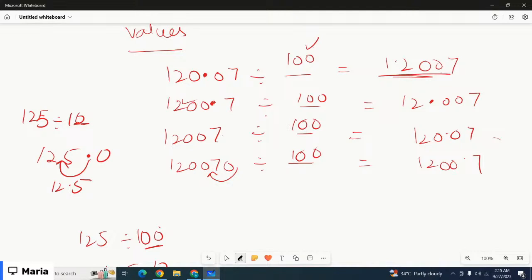That means that would be 1.2007. So in every section, you can see the decimal point is moved just 2 places left. So they are dividing by 100, right? Okay, let's see another example from the same lesson.